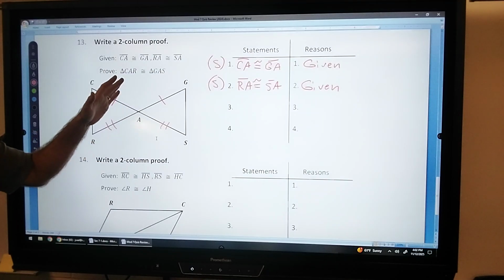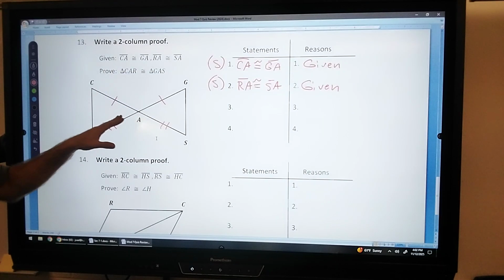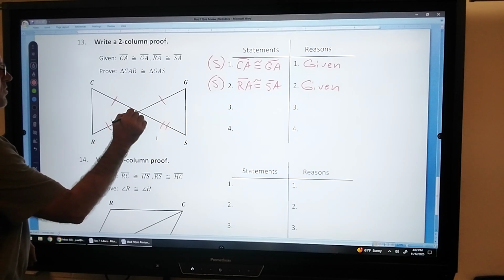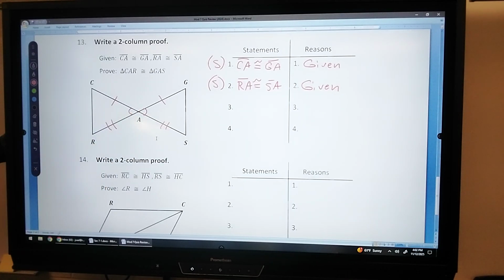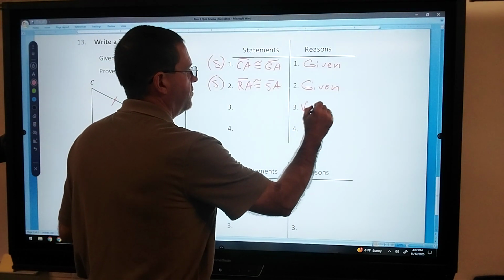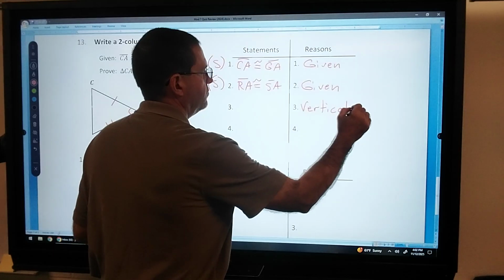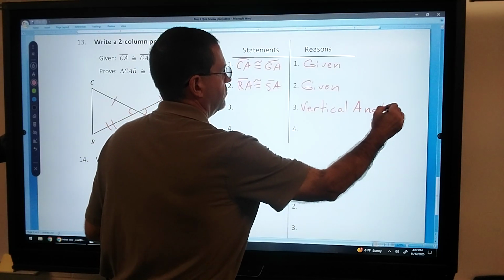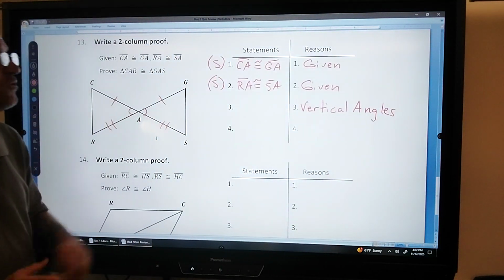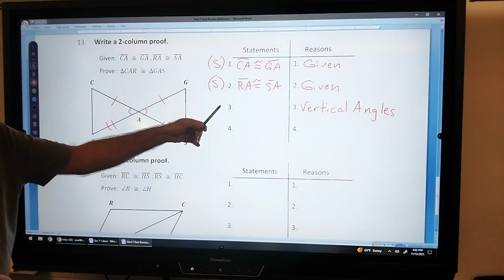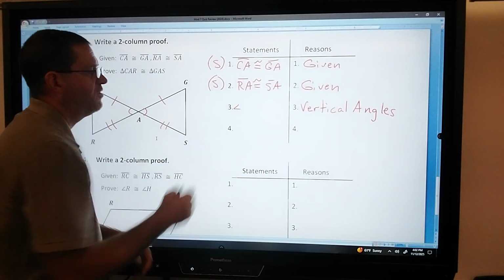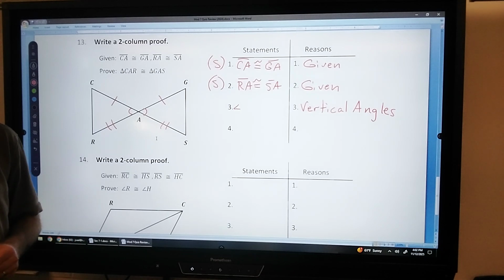Well, we have a bow tie. And every single bow tie has this right in the middle. And if you look, those are called vertical angles. So vertical angles is actually the reason. Your statement is going to be, I need to name those 2 angles.